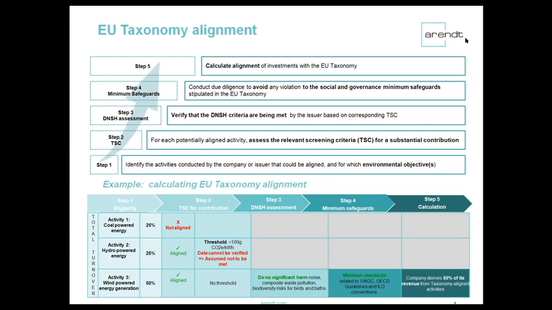On the significant contribution side of things, the room for legal dispute is quite narrow because it's very much quantitative criteria. So maybe we can discuss that the carbon footprint was not assessed properly, but there is probably a bit more difficulty on the do no significant harm, because quite often the criteria for do no significant harm are much more qualitative.